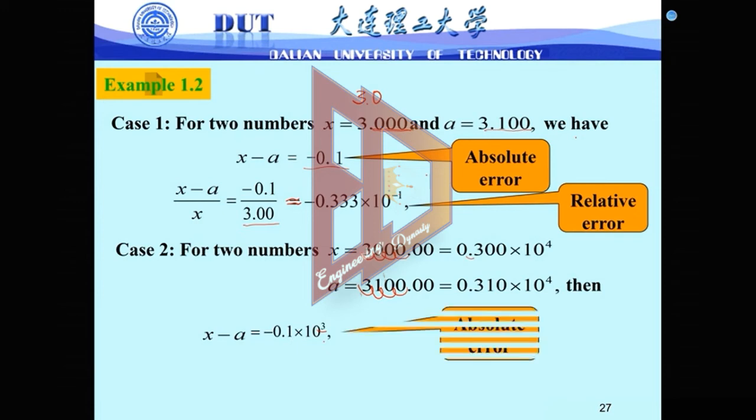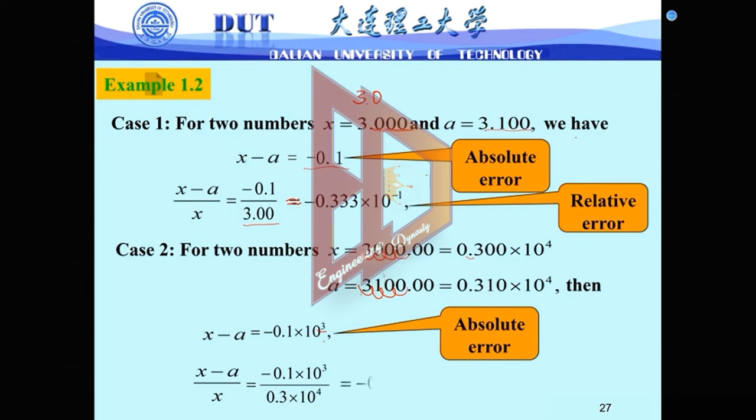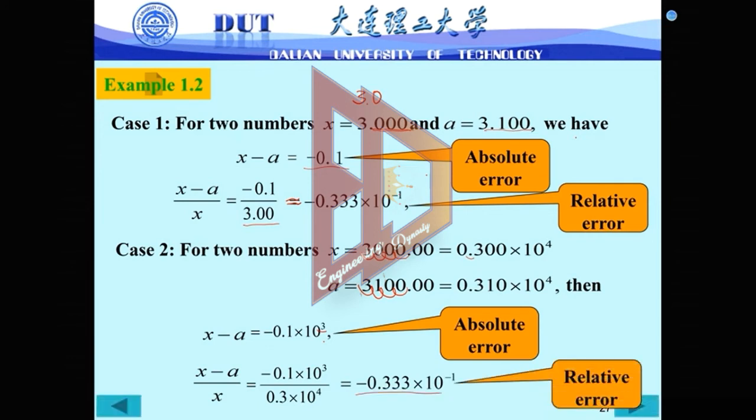However, if we consider the relative error, see, here is minus 0.1 multiplied 10 to 3, then the denominator is 0.3 multiplied 10 to 4, right? Okay, now you see, the relative error is same as this one. Of course, here it's better to use approximate, right? Because the power is also same, right?